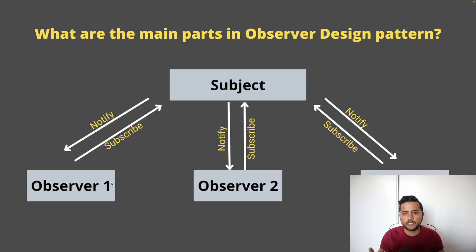Now two places where observer design pattern can be seen in action, the first one is DOM API. If you have ever attached click events to your buttons in your applications, that is pretty much observer design pattern behind the scenes. So you usually attach click event handlers by doing button.addEventListener click, and then you pass the callback function.